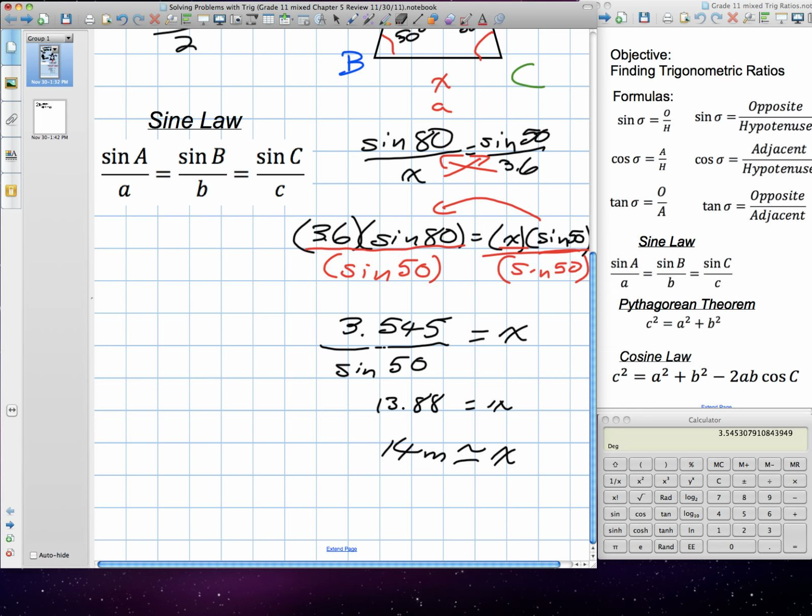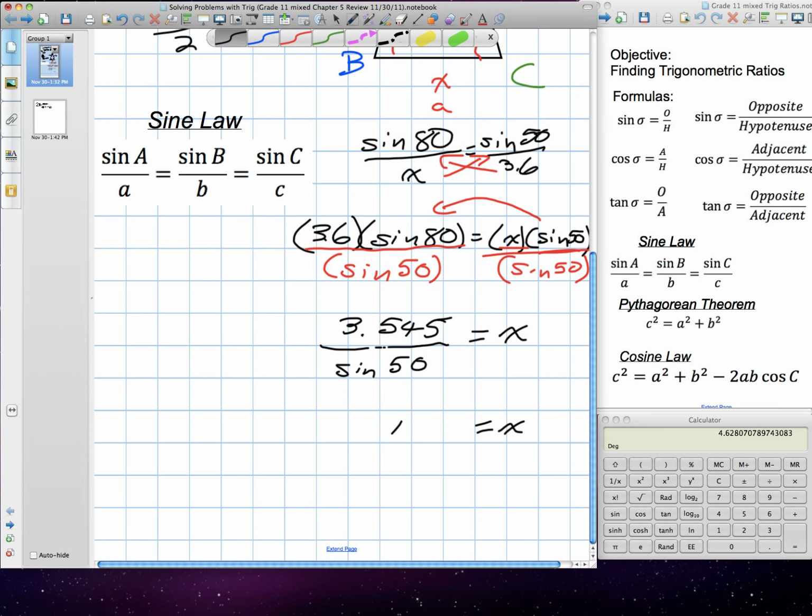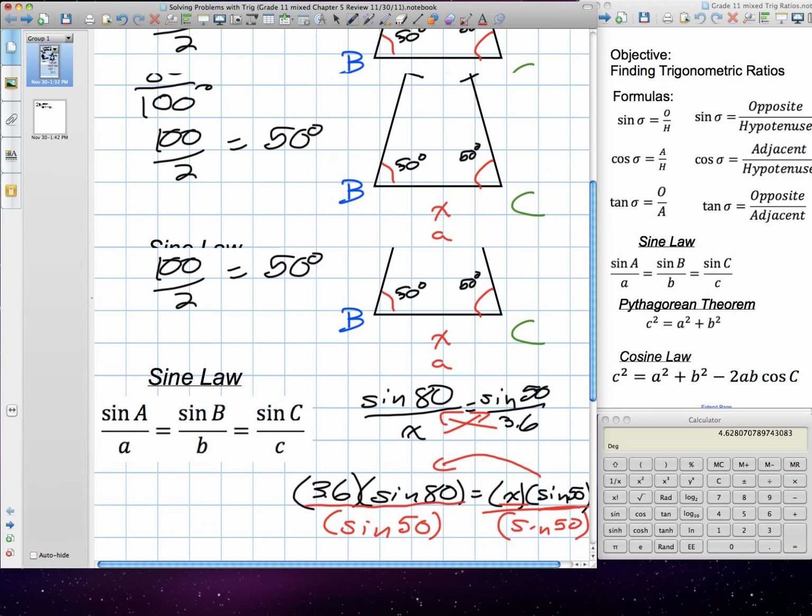Make sure you're in degrees too if any of you guys aren't getting that. We take that number and we divide it by sine 50. 4.62. And again, because it says round to the nearest meter in the question, 5 meters.